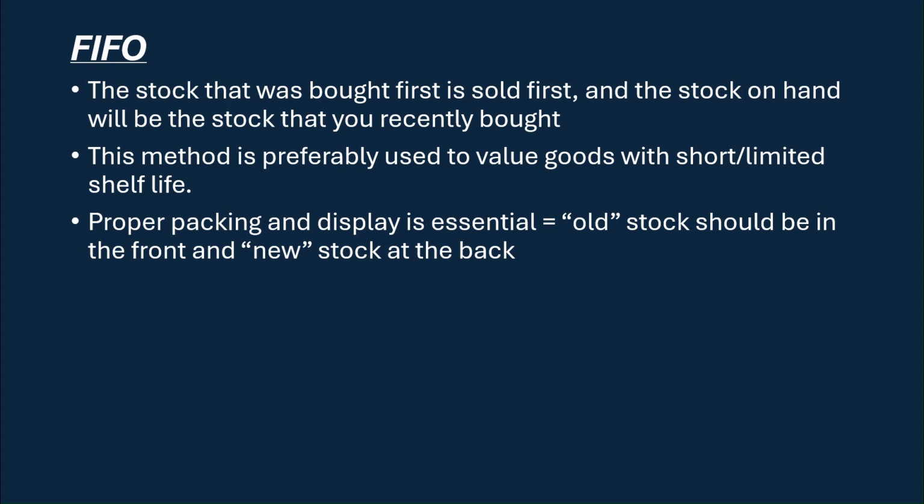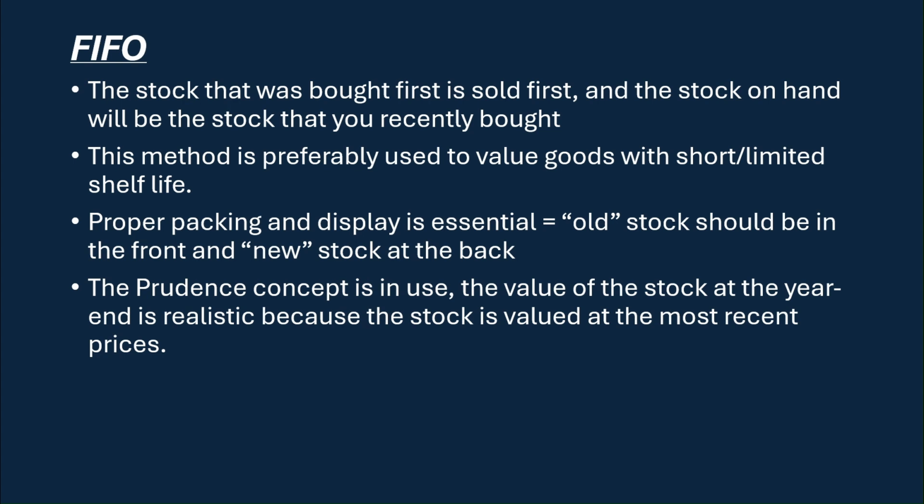This one applies to places like Pick n Pay, Woolworths and all that, where they put the things that they want to sell first on the front lines of the shelves. Then at the back they'll put the stock that just got in, right? So yeah. Now with this one, the prudence concept is in use. Remember, we have a lot of concepts in accounting.